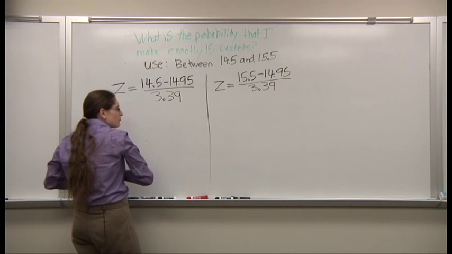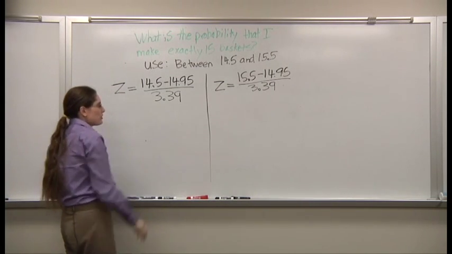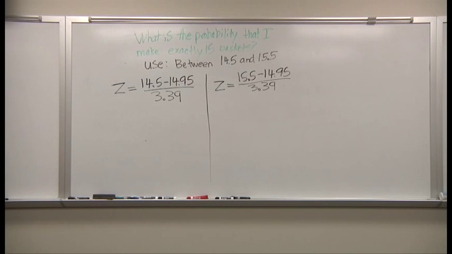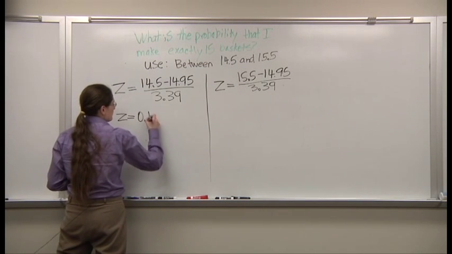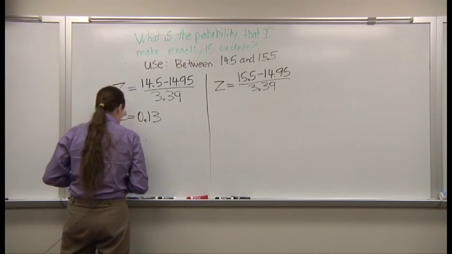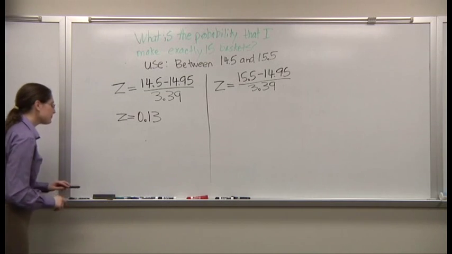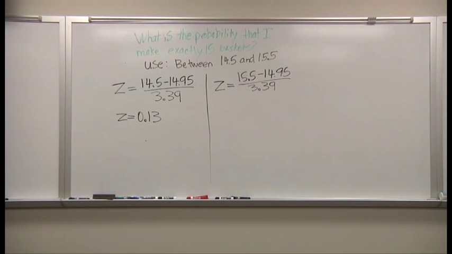So let's work out what those numbers are. This one is 0.13, and the other one, 0.16.